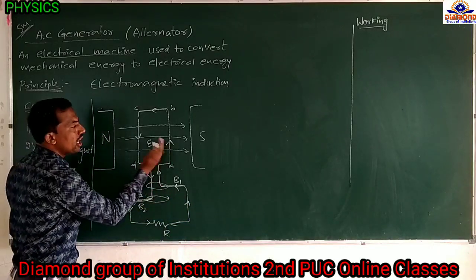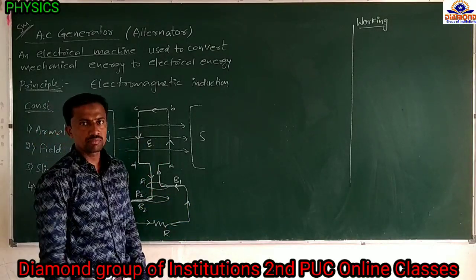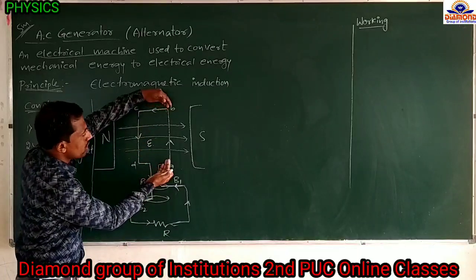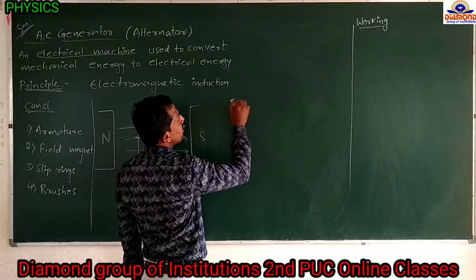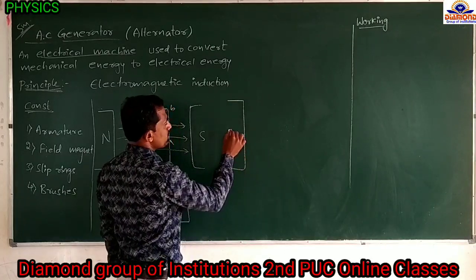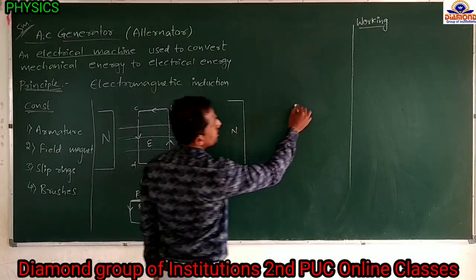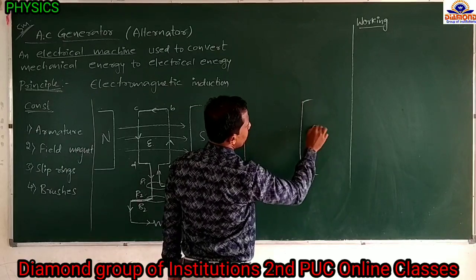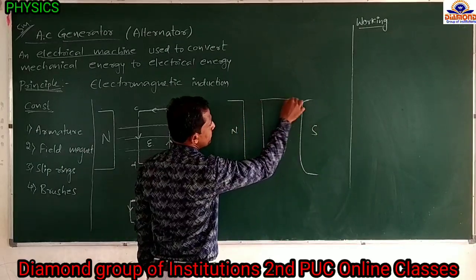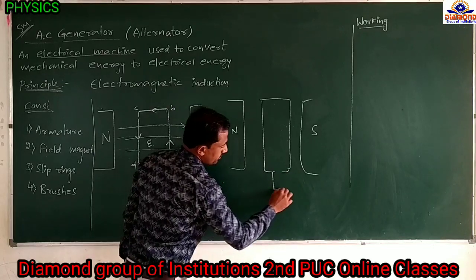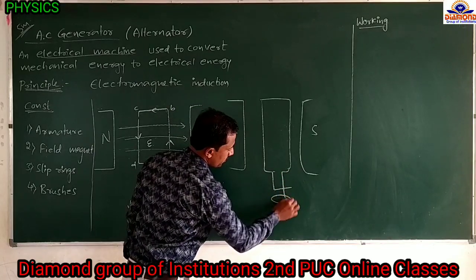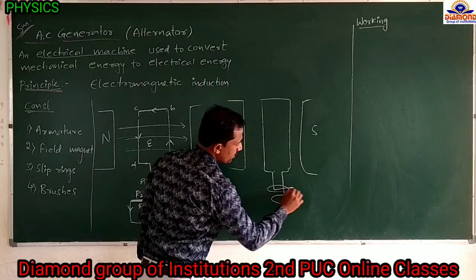After half rotation, this one is north pole and this one is south pole. This is one coil, and these are the rings.